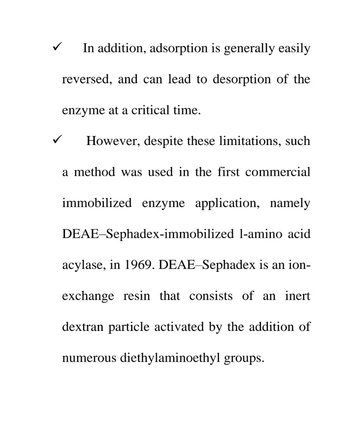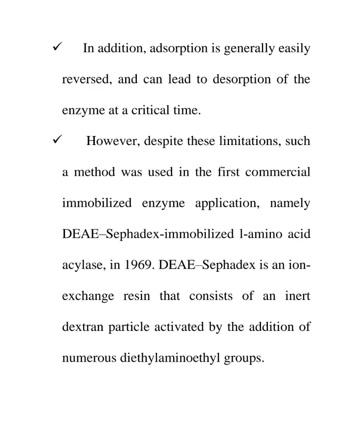In addition, adsorption is generally easily reversed and can lead to desorption of the enzyme at a critical time. However, despite these limitations, such a method was used in the first commercial immobilized enzyme application, namely DEAE Sephadex immobilizing L-amino acid acylase in 1969.